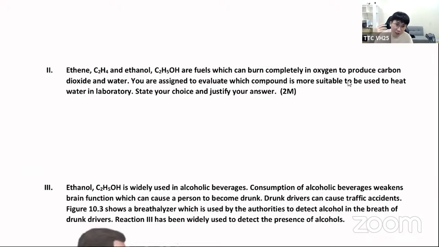You can still say who is more flammable, who is less flammable, but we will not relate it to percentage of carbon, because this is a different category lah. So what we can know is, between ethene, an alkene, and alcohol, which one is actually more flammable?